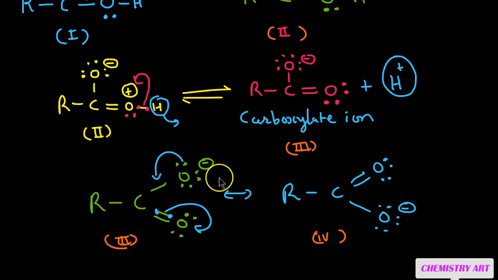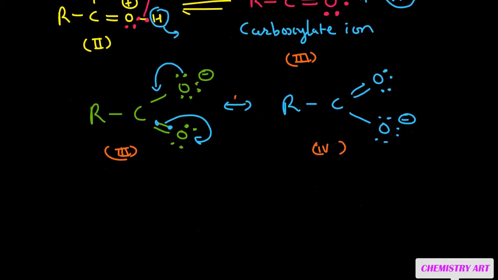This resonance structure we can show like this, because the charge is transferring again and again. This negative charge is going to convert into this, and again these electrons are going to convert into this, and it will gain the previous structure, the third structure.